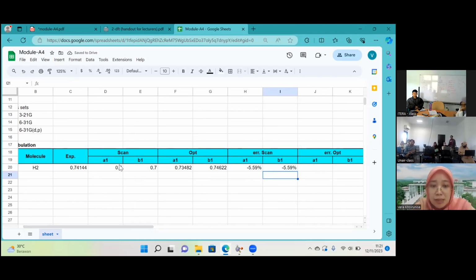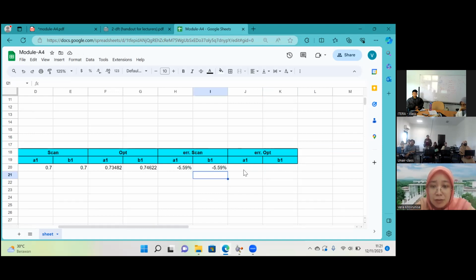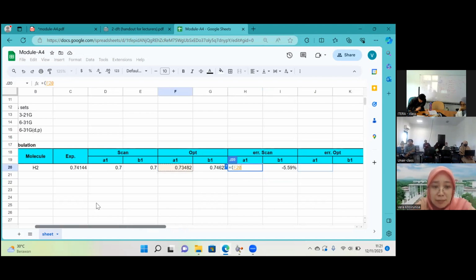So the error will be the same because the number is the same. And we move to this one, the optimization, minus this one divided by the experimental value.